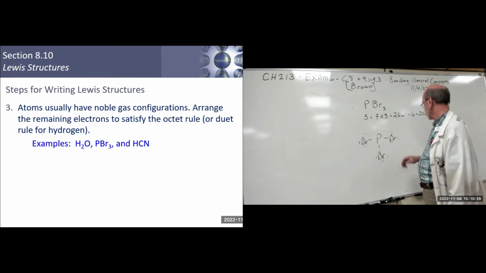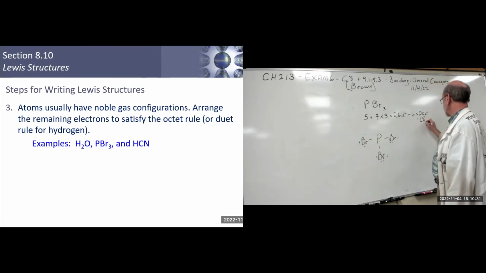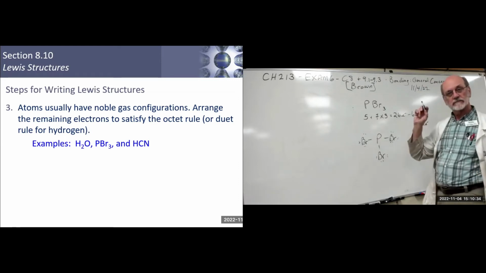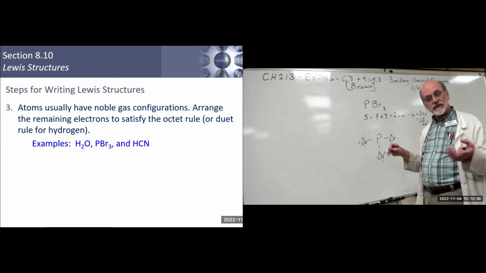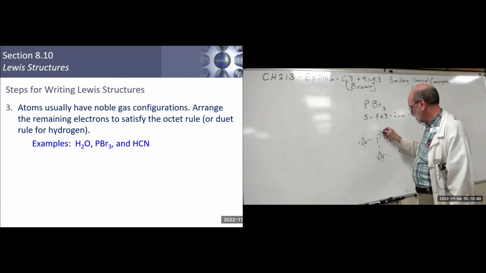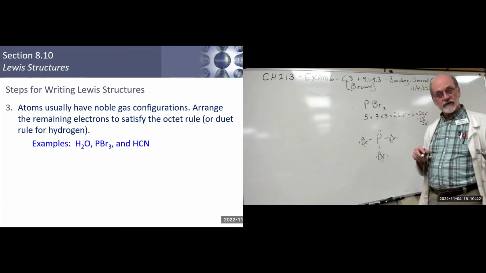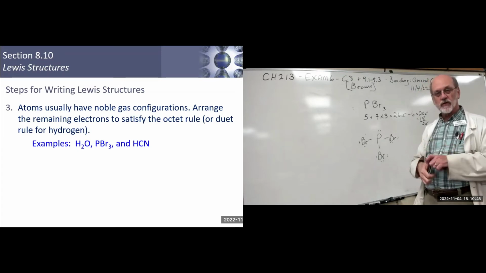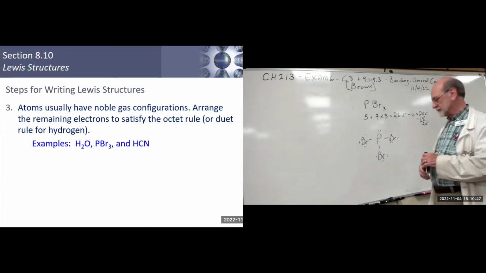So minus 18 means we have 2 electrons left over. Those two electrons have to go inward to the phosphorus. So that's a valid Lewis dot structure for phosphorus tribromide.